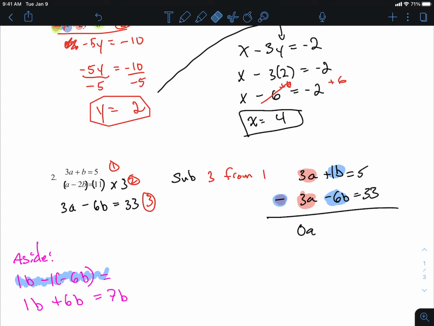This is going to be a point of issue for a lot of people, okay? It's like negative 1 multiplied by negative 6.